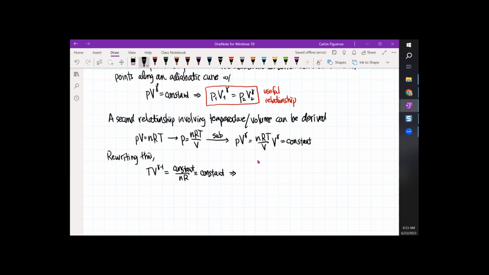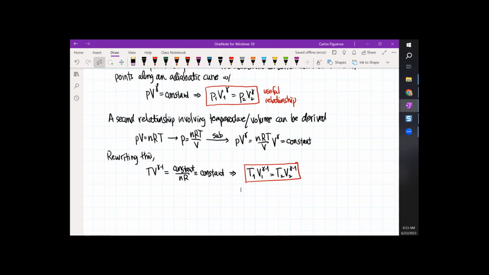So this immediately tells me that I have a second relationship for adiabatics. And in some situations, this is extremely useful. But it's mostly the first one that's the most useful one of all.